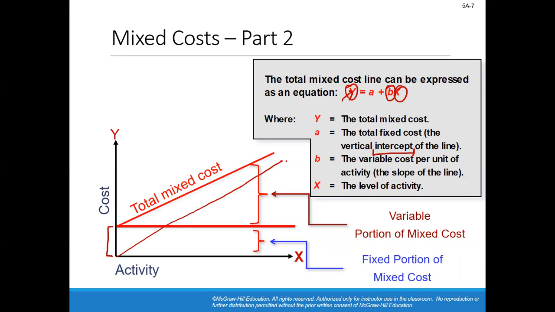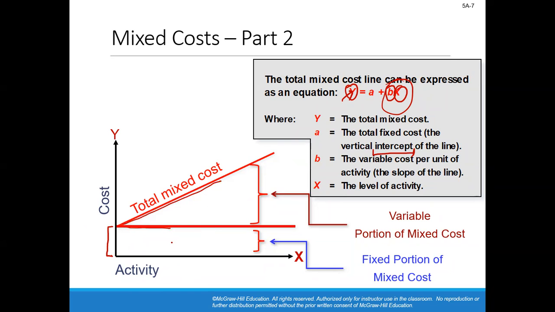There is a pure relation, a pure linear relation between the variable cost, total variable cost, and the number of activity hours or the activity base. Okay, so when we sum up this line and this line, we get this line, the total mixed cost.